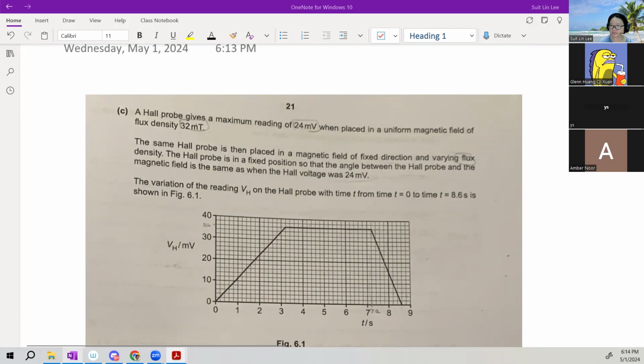And while, I just want to give you some context if you have not seen this question yet.